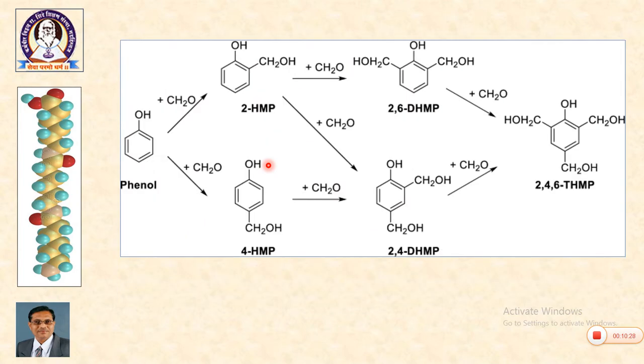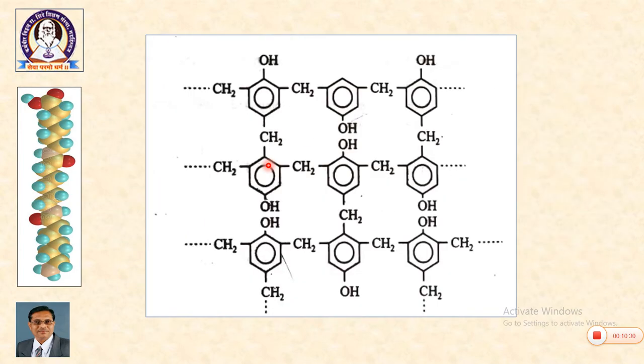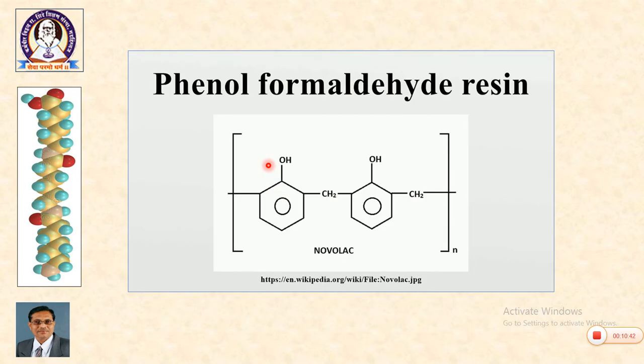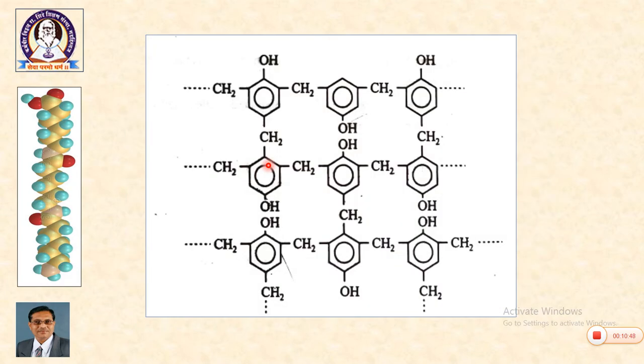On polymerization, the polymerization may take place in a network manner, a 3-dimensional manner, or linear. In this way you will get the complex polymer, in this way you will get the linear polymer. Linear polymer is called novolac, and the complex polymer is obtained in this manner.